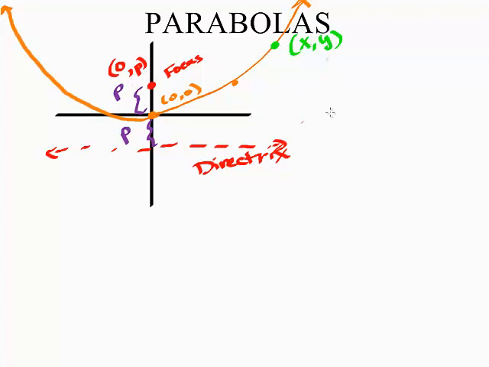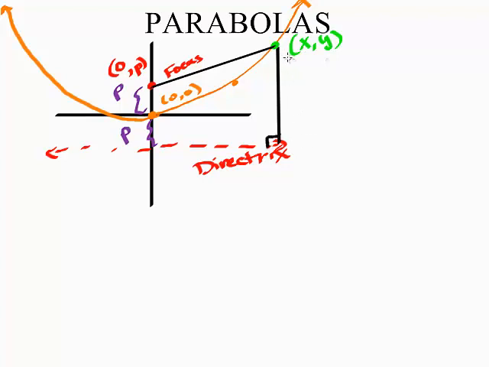The coordinates here are (x, y). Now this distance, let me draw a line from here to here, and this distance from here to here must be equal, congruent. So the distance between the focus and the generic point (x, y) must be equal to the distance between the point (x, y) and the directrix.